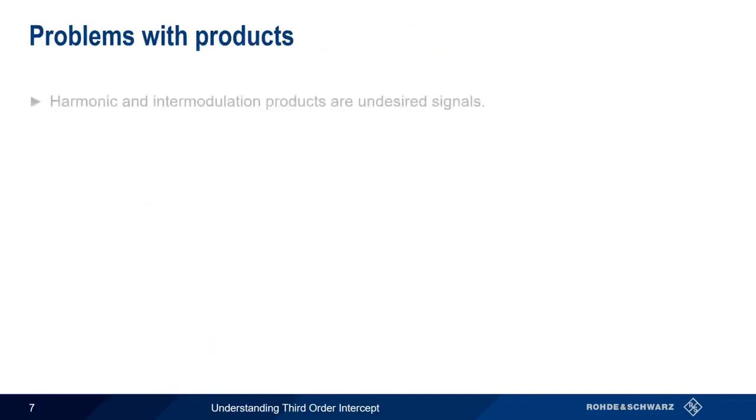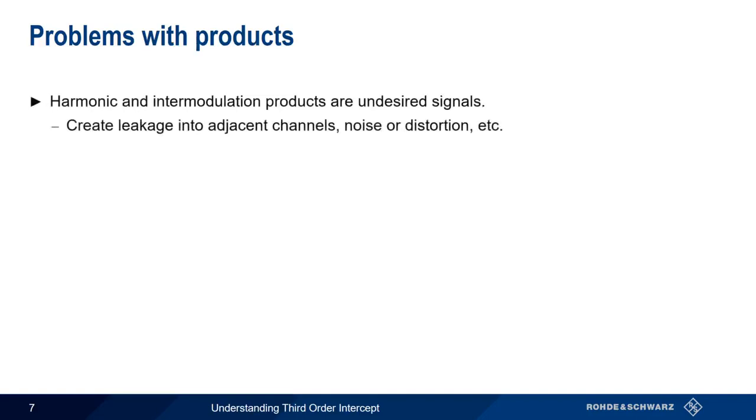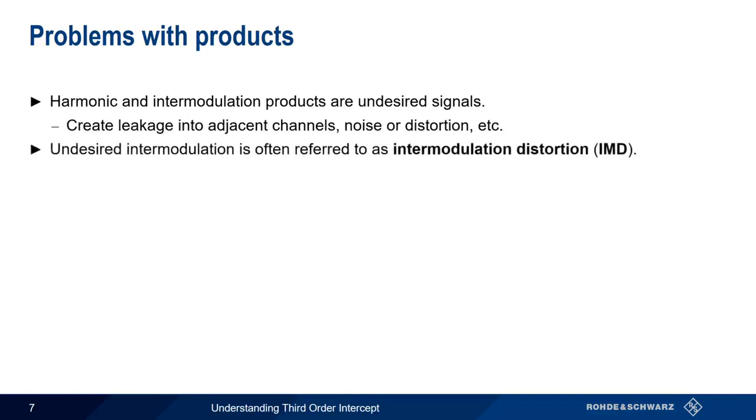Why? In many cases, harmonics and intermodulation products are undesired signals. These products can leak into adjacent channels, create noise, distortion, etc. When intermodulation products are undesired, we call these intermodulation distortion, or IMD. Note, however, that not all intermodulation products cause problems.